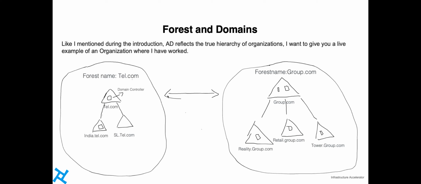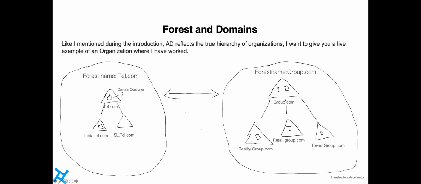A trust can be created between two forests, two Active Directories, two domains, using which the users from this domain can access the resources, let's say a printer, in this domain. Or when a user from this organization comes to this organization, he can access the resources here.